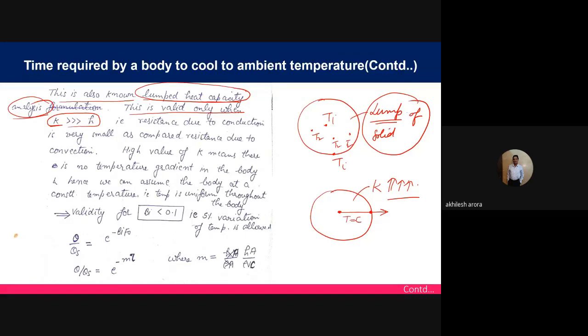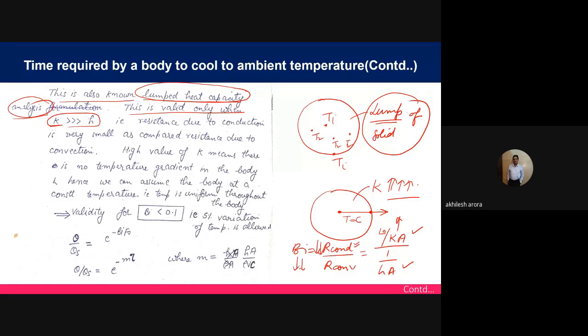Now, in terms of the Biot number, we said that the Biot number is equal to conduction resistance divided by convection resistance. It is equal to Lc by kA divided by 1 over hA. So this is the conduction resistance and this is the convection resistance. If the value of k is very large, then the conduction resistance should be very low, and the Biot number should also be very low.